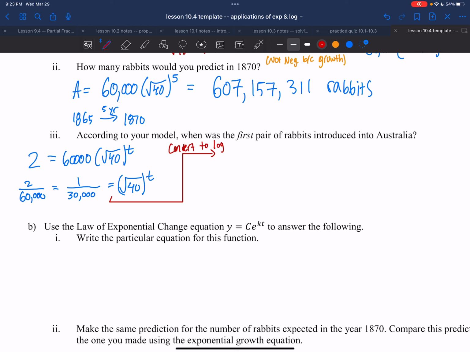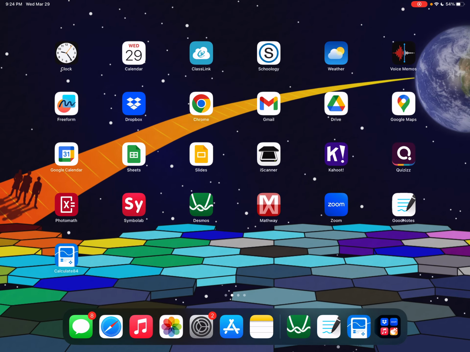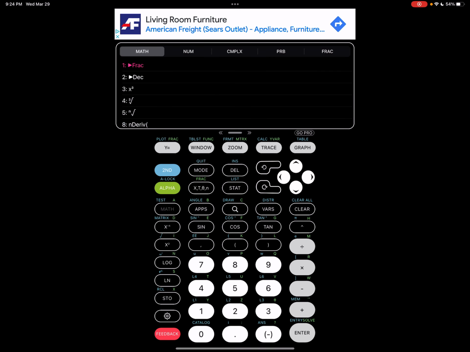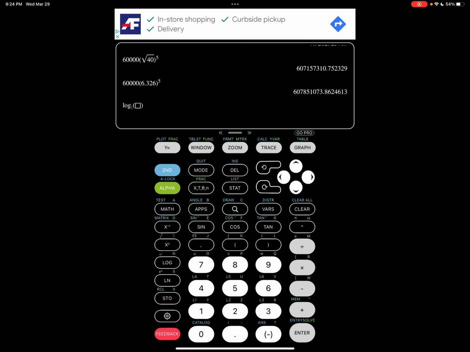The base is square root 40, so we will say log base square root 40 of the argument, which is 1 over 30,000, equals t, which is our time. Okay? Yeah, I like it. Let's do that. Let's go to our calculator, click math, go down to log base. We're going to do square root 40 in the bottom, and we're going to do 1 divided by 30,000 bunnies.